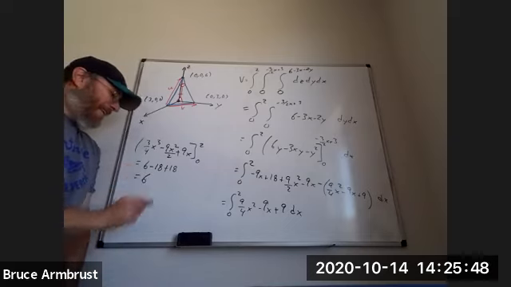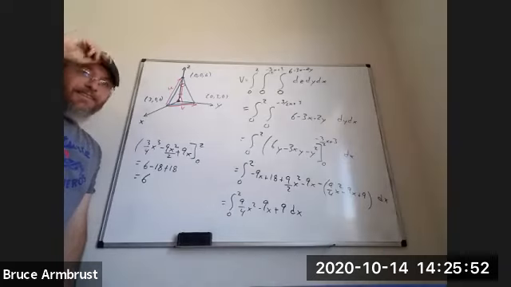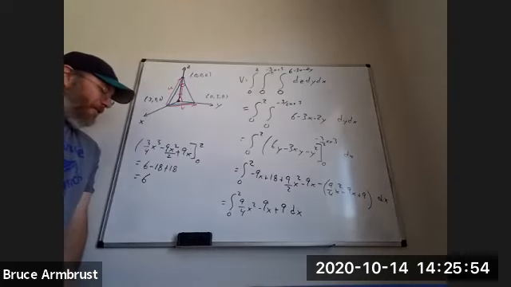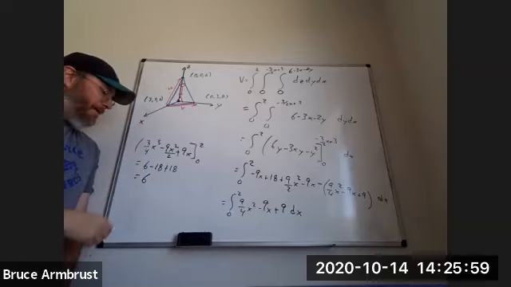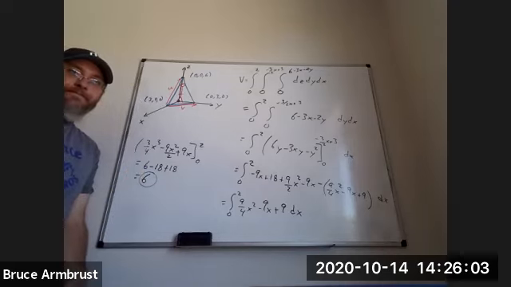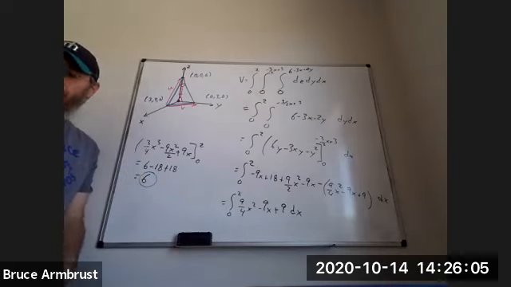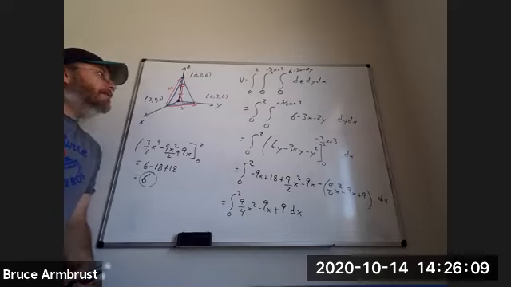So this ends up giving me 6. Whew. All right, so it turns out that the volume of this tetrahedron is 6, which is definitely not half of the volume of the box that it sits in, right?